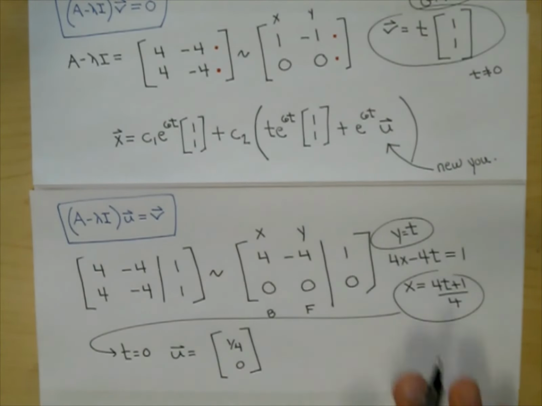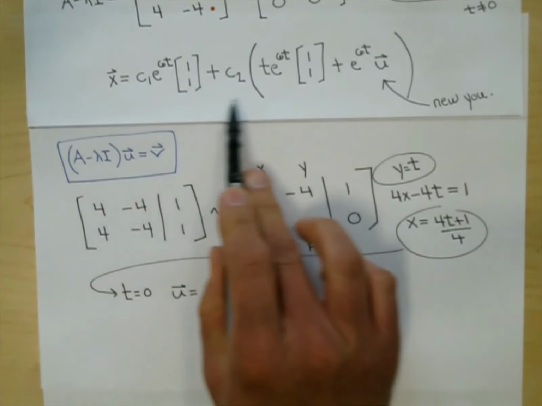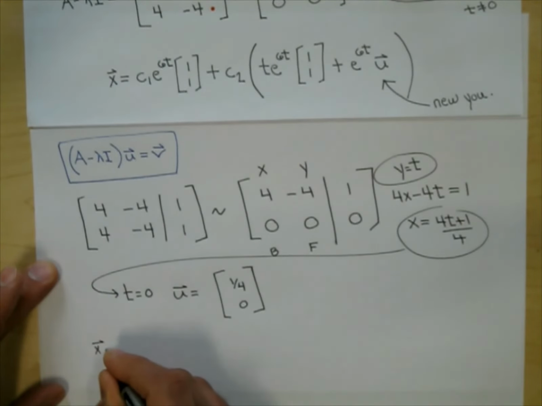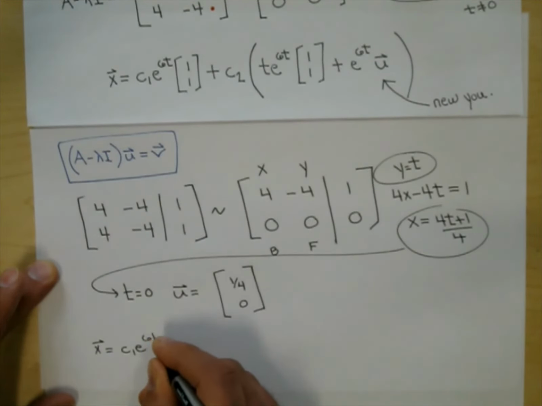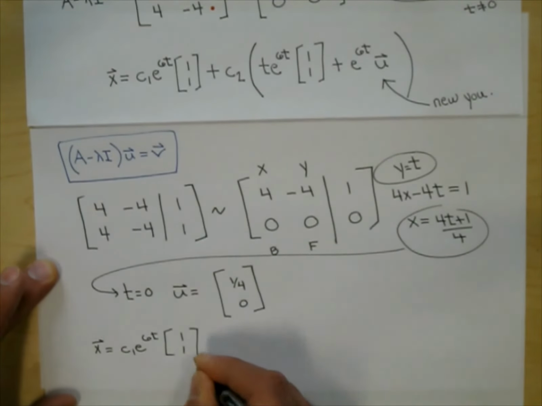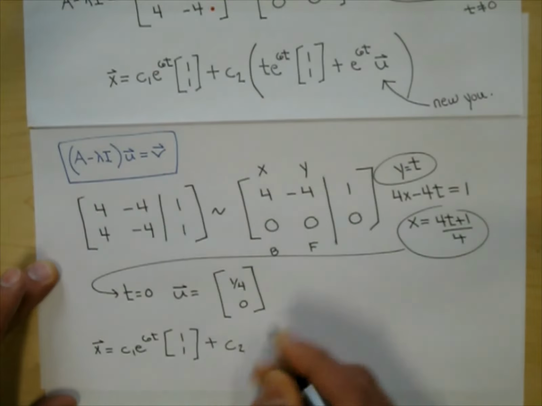We're going to write up our answer here. It's pretty much this right here. So I have x equals c1 e to the 6t, 1, 1, plus C2, and then we write out this.